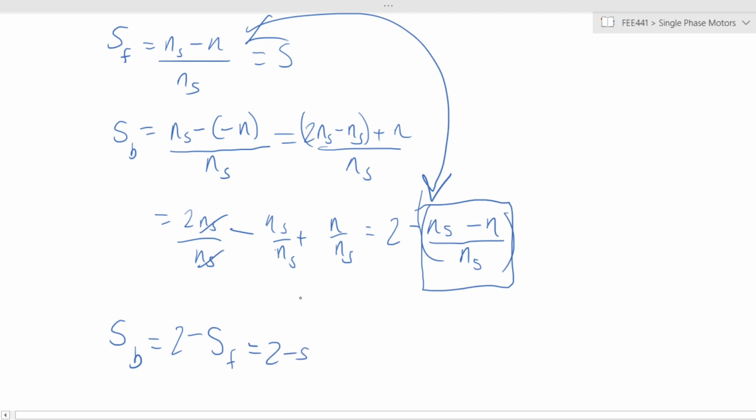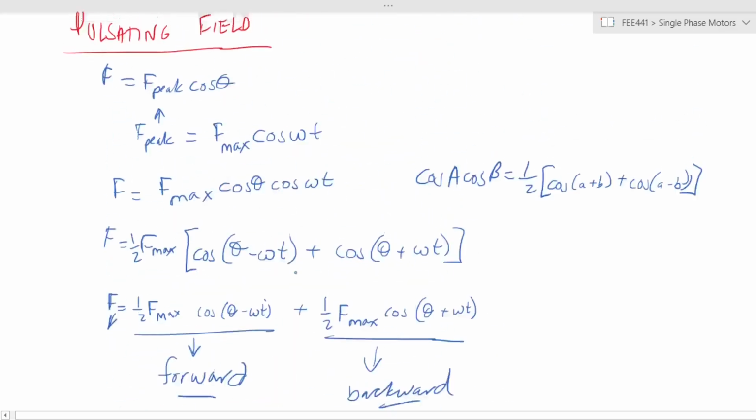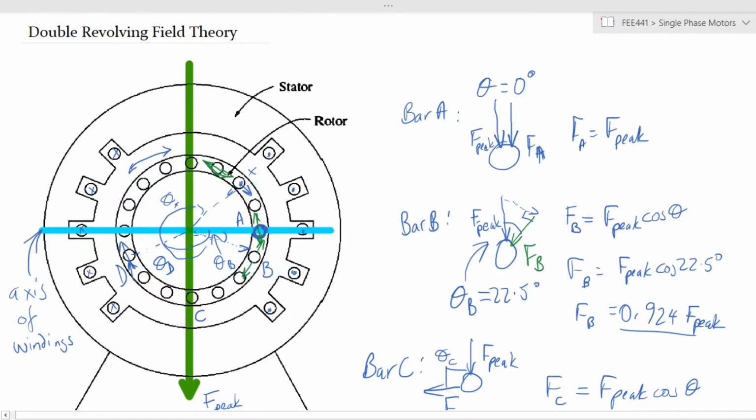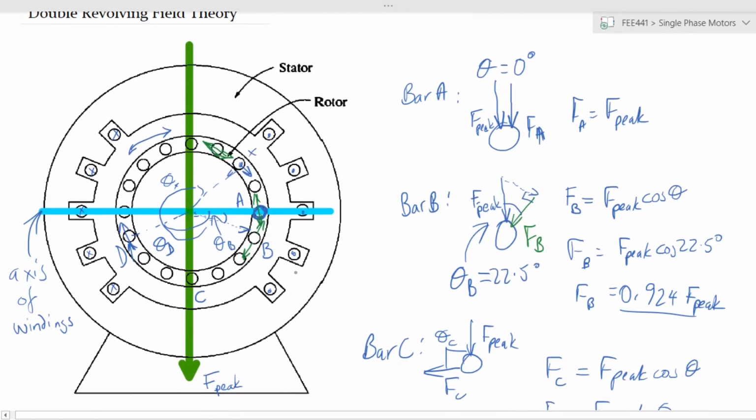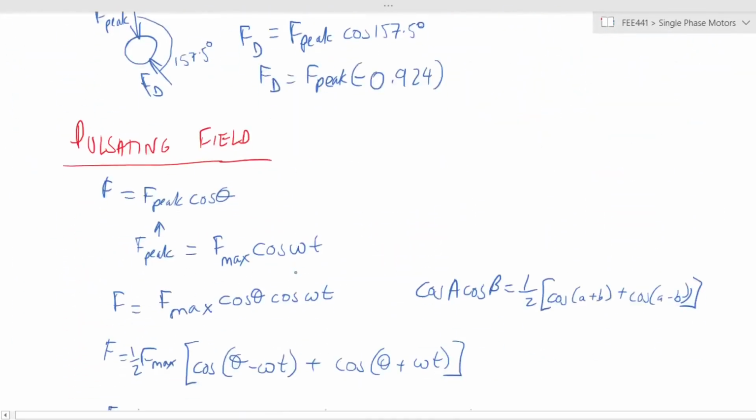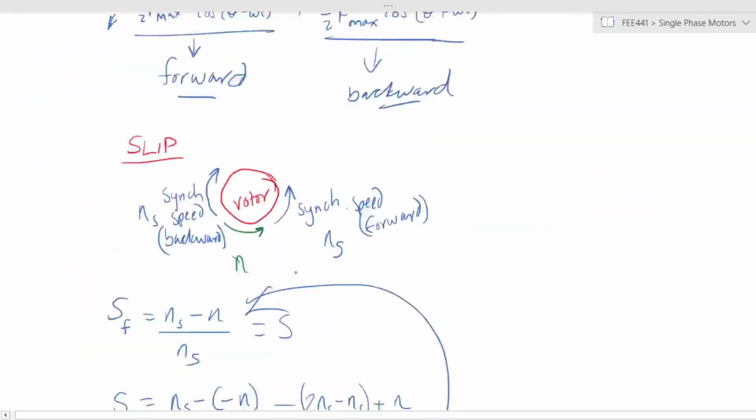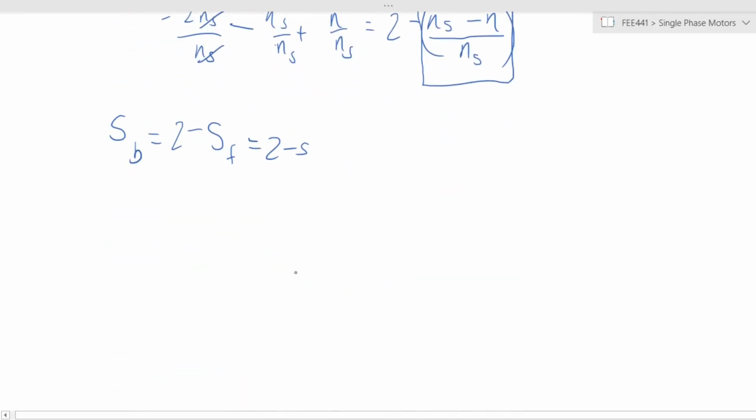This is a very important phenomenon because it helps us to explain why the double rotating field theory, or the double revolving field theory, explains the motion of a single phase induction motor. In order for us to do that, let's look at the torque of the single phase induction motor.